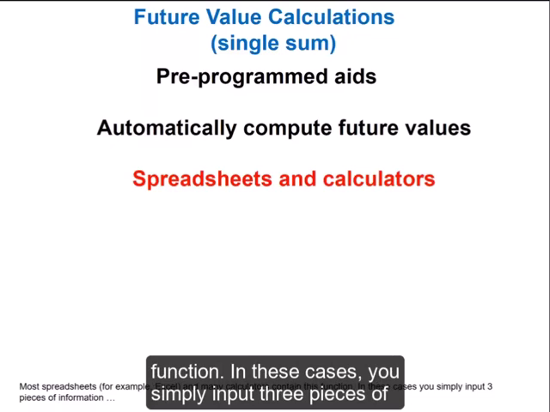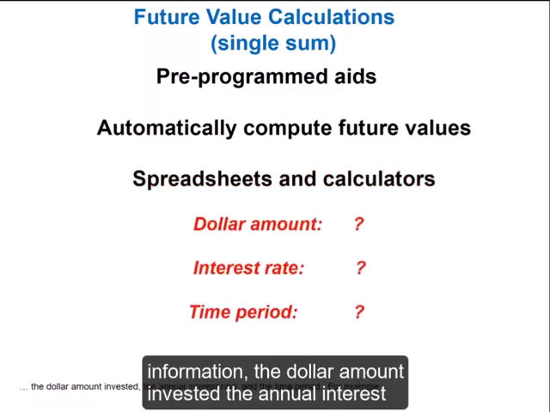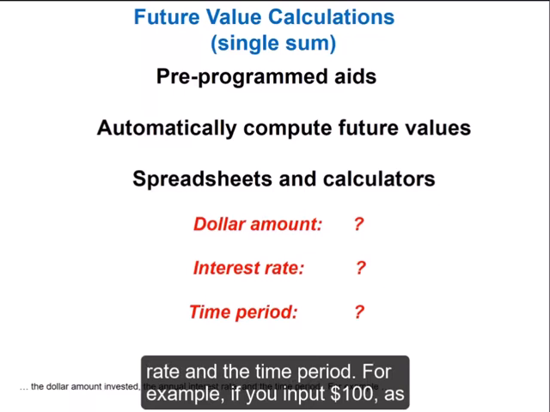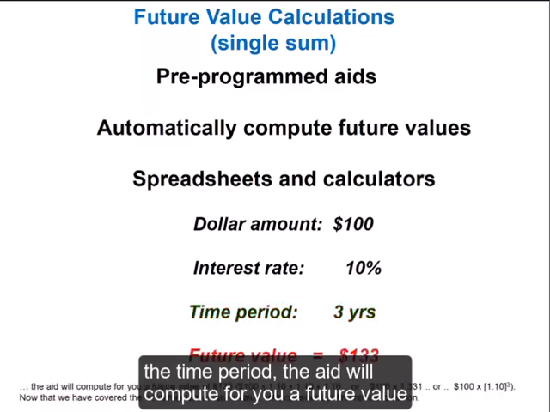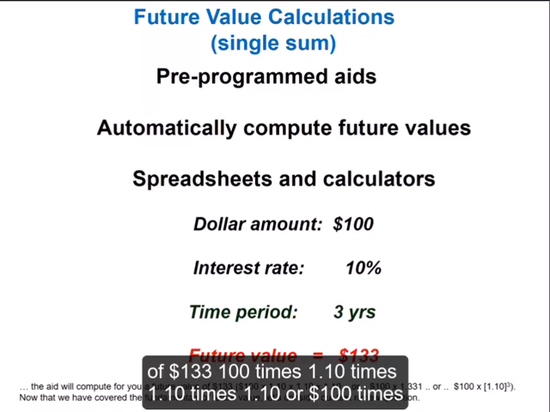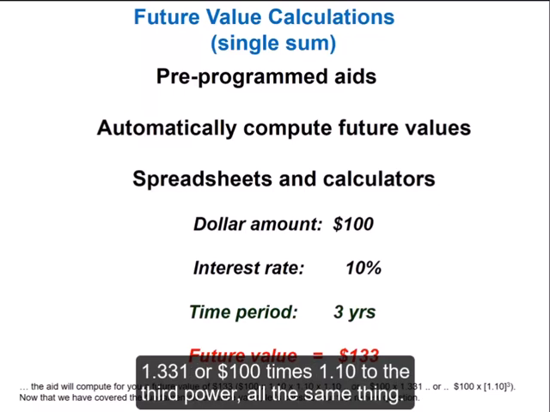In these cases, you simply input 3 pieces of information: the dollar amount invested, the annual interest rate, and the time period. For example, if you input $100 as the dollar amount, 10% as the interest rate, and 3 years as the time period, the aid will compute for you a future value of $133: 100 times 1.10 times 1.10 times 1.10, or $100 times 1.331, or $100 times 1.10 to the third power. All the same thing.